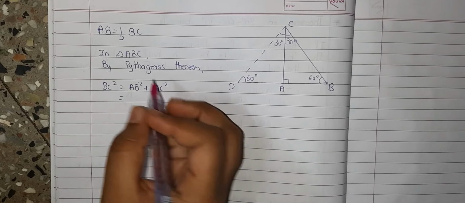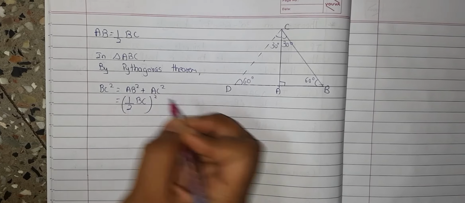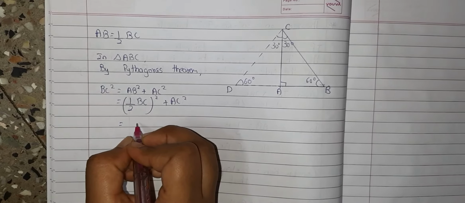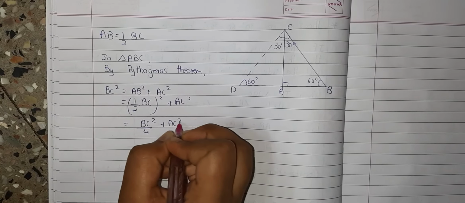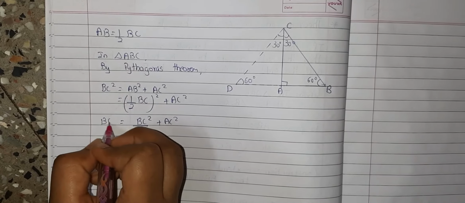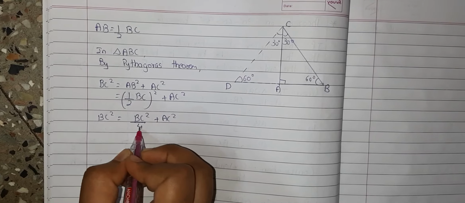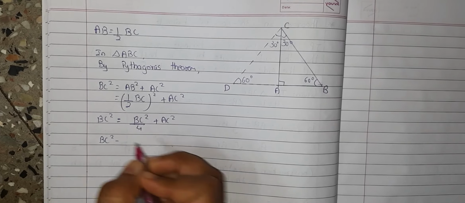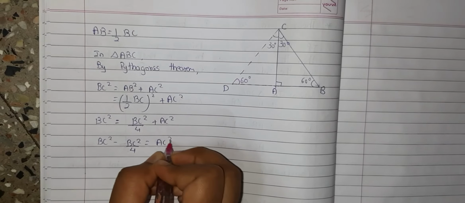We have got AB is half times BC, so we will substitute here, plus AC square. So we get BC square upon 4 plus AC square. We will take this BC square upon 4 towards LHS, and we get BC square minus BC square upon 4 is equal to AC square.